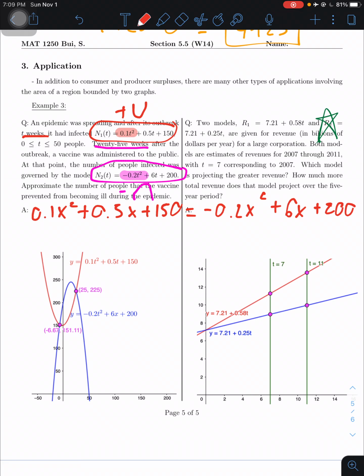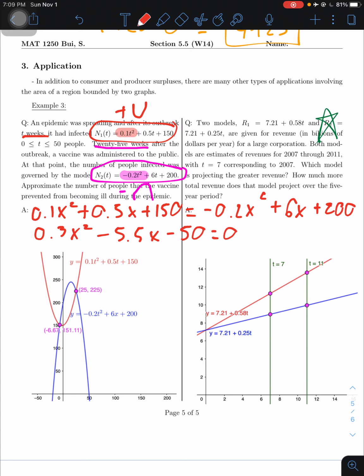This is a calculus class, so I'm going to skip forward with the algebra here. And then what do we have for the other one? If we combine the like terms, we get 0.5 minus 6, which is negative 5.5. And lastly, 150 minus 200, that is negative 50, equal to 0.